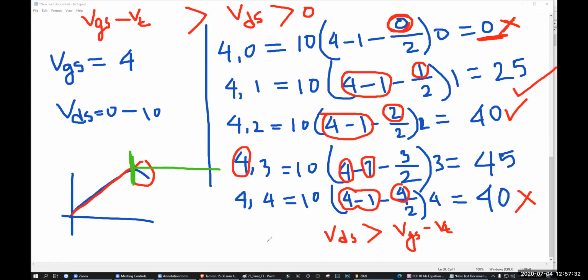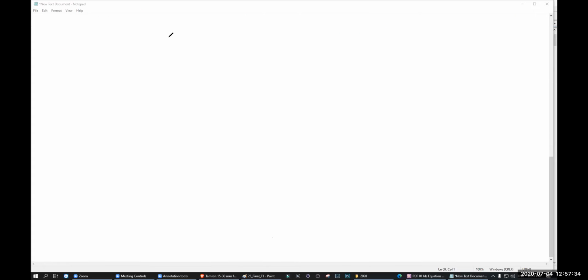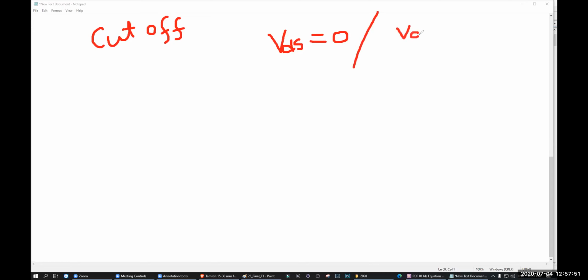I'm going to clear everything and I'm going to draw again. So our cutoff will be when your VDS is equal to 0 or your VGS is less than VT. That means you didn't spend that much yet.